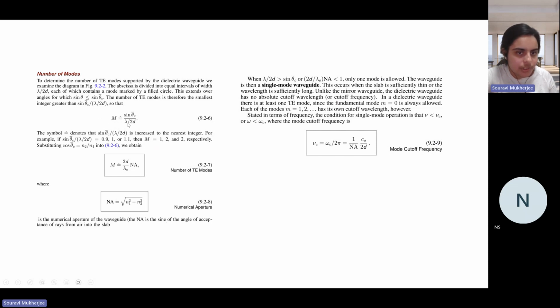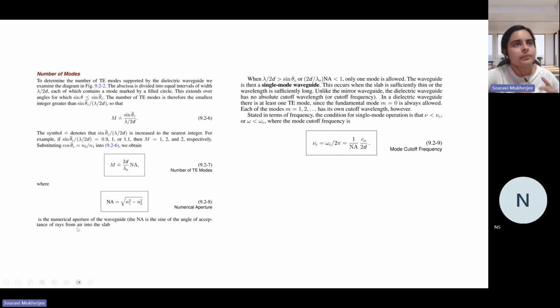Now in general, you can also write it as 2d by lambda naught into NA, where NA is the numerical aperture, which depends on how the refractive indices of your core and cladding differ. This NA is the sine of the angle of acceptance of the rays.